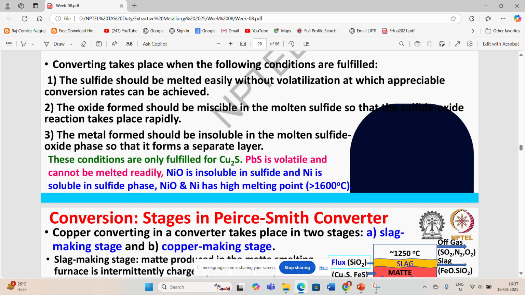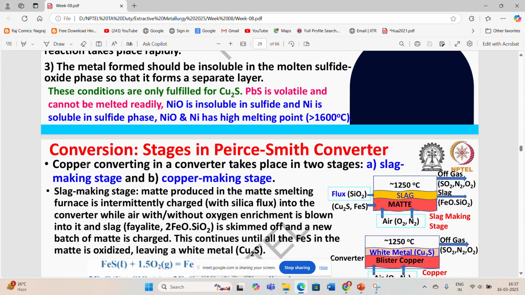So Ni most of the time is going to get reported inside the slag phase, or we can say the reaction is not going to properly happen during the converting process, due to the insolubility of nickel oxide in the sulfide phase, which in turn inhibits the reaction between the nickel oxide and nickel sulfides to produce metallic nickel. On the other hand, nickel metal, which is produced during the reaction, is soluble in the sulfide phase, so it is not going to get reported inside the metal content.